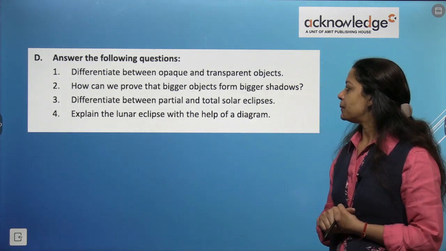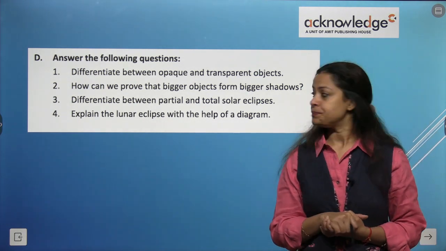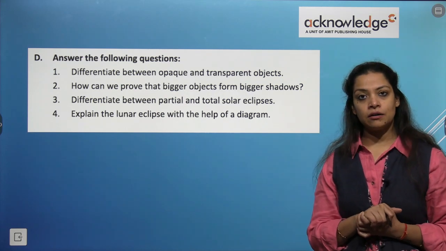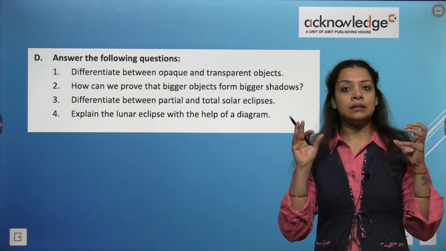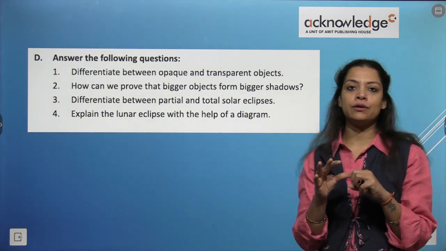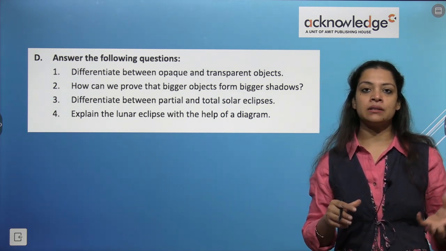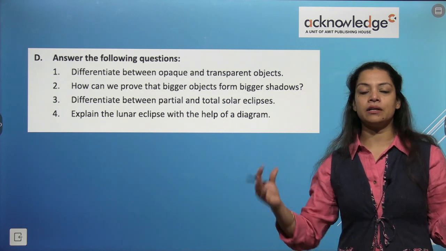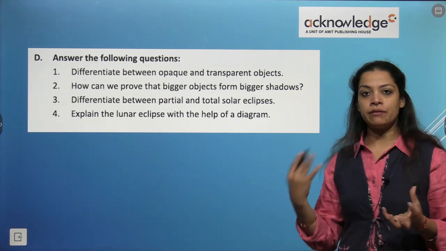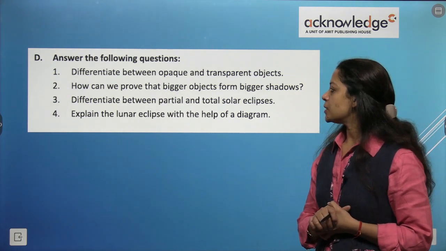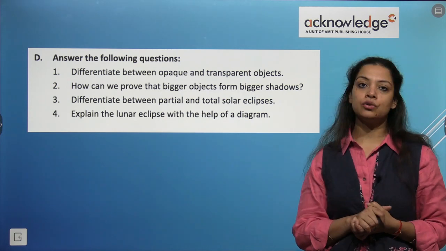How can we prove that bigger objects form bigger shadows? So bigger objects form bigger shadows because the size of the shadow always depends on the size of the object. The more the size of the object, the bigger will be the shadow. Differentiate between partial and total solar eclipse.